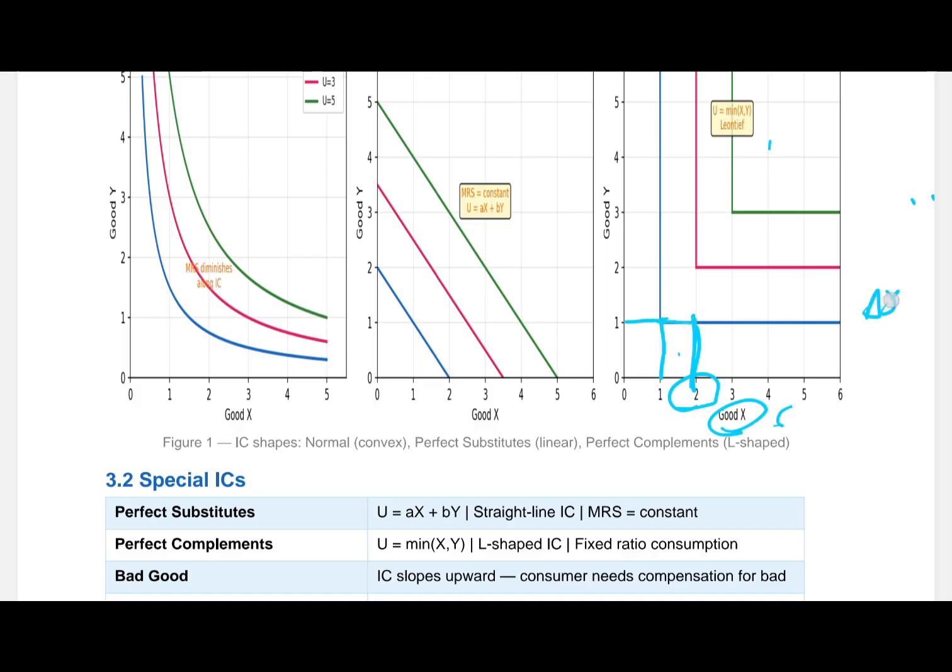So change in X is 2, but change in Y is 0, so it leads to infinity. In the same way, if we increase Y from 1 to 2 but consume only one quantity of X, that is 0. Sorry, I have done something wrong here.